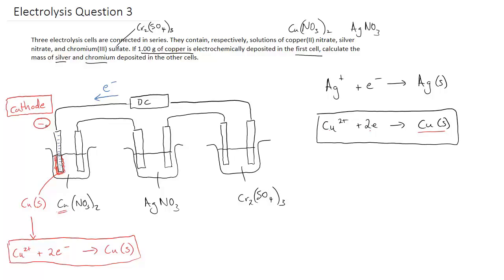So that electrode is negative. Now, because this is in series, this electrode here has to be positive. So you must have electrons flowing that way through this wire here. Because they're flowing this way, this has to be negative, then this has to be positive, then this has to be negative, and then this has to be positive.